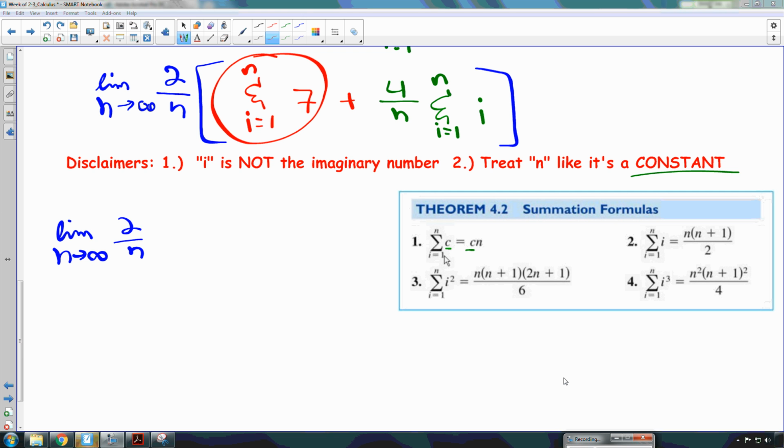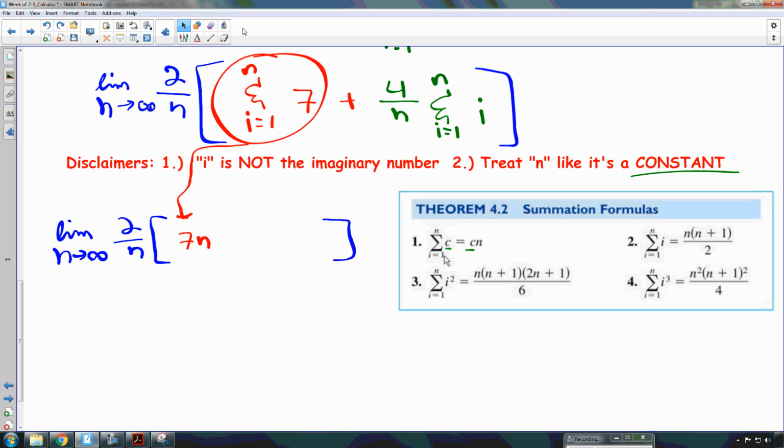So what am I trying to say to you? I'm trying to say that this is 7n, according to that formula that I underlined in green, summation formula 1. Okay, let's take it to the next one. Let's leave parentheses, try to keep the order as much as I can.